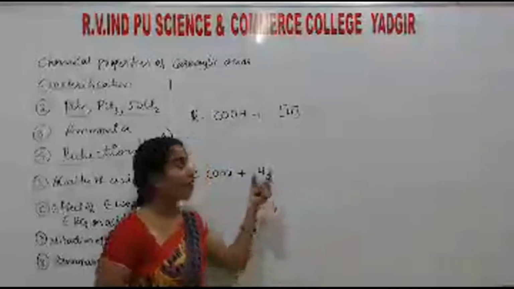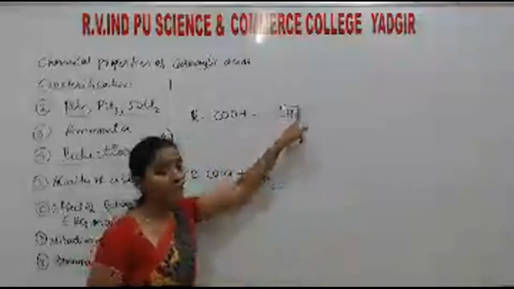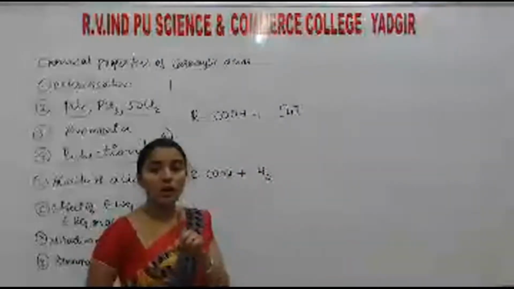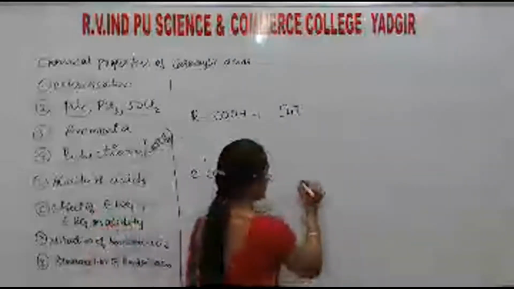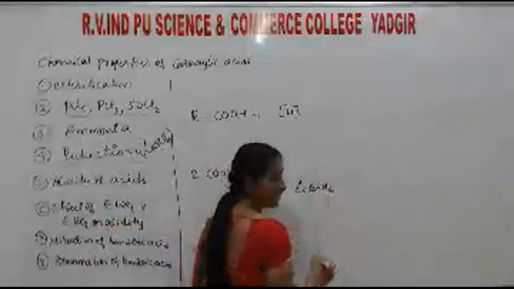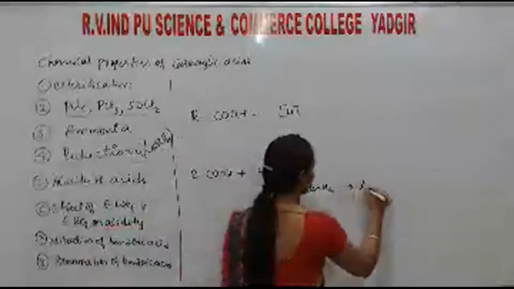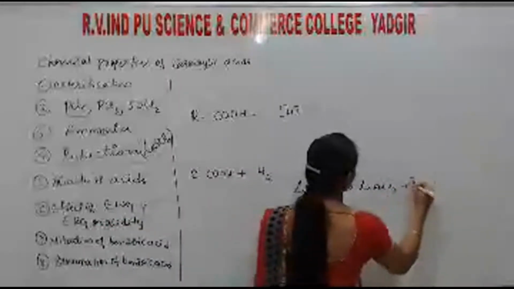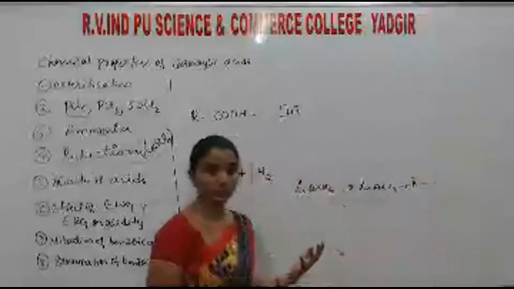If the hydrogen is written in a square bracket, we must use lithium aluminum hydride and sodium borohydride. Lithium aluminum hydride dissociates like what? Lithium plus AlH4 minus.